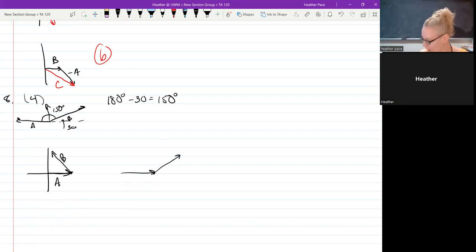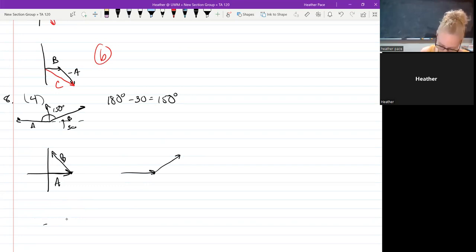So for sure, 3 is out. This cannot be adding A to B. This would be adding A to B, but it doesn't look like that. So 4 for sure is out.